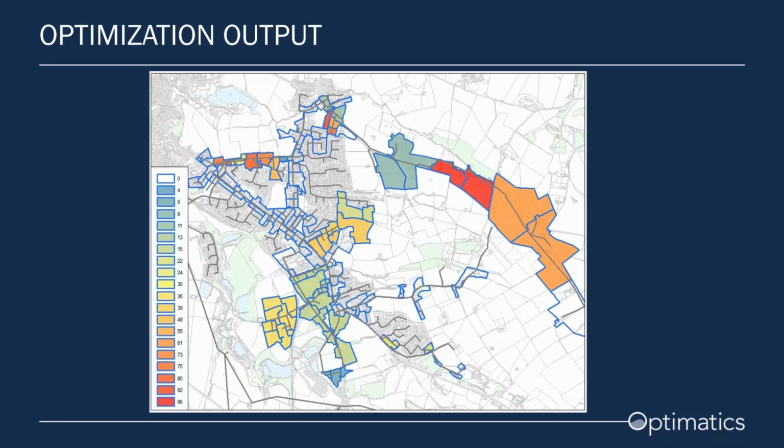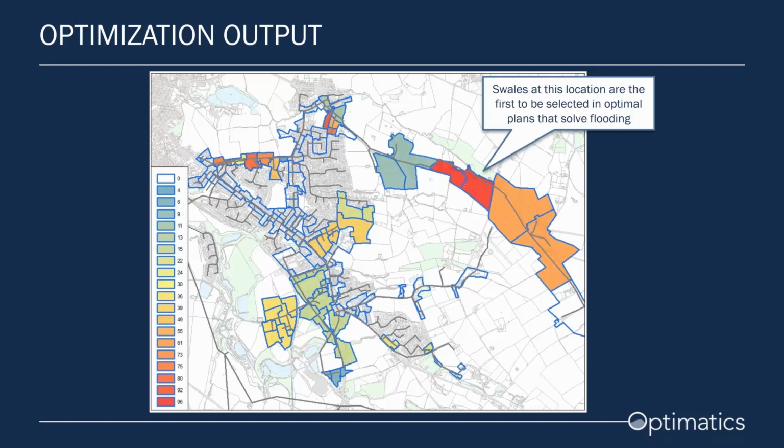So the red catchments here are ones that are repeatedly chosen in the optimal solutions and being highlighted for green infrastructure. This kind of assessment is helpful to say, look, SUDS in this case may not be the cheapest solution, but if we do want to invest in some, we know that this is going to be the best place for it. We're going to get the best value for money by installing that here.